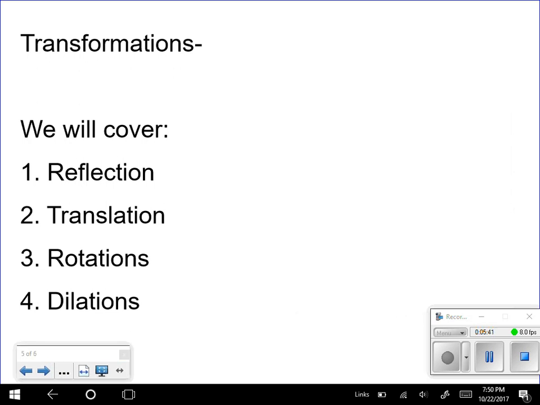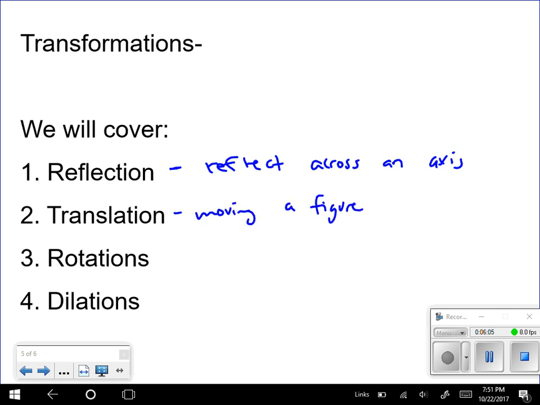As we move on with the chapter, the transformations that we're going to be talking about are reflections, translations, rotations, and dilation. So a reflection is kind of what it sounds like. It reflects across an axis. A translation is just moving a figure, whether it's up, down, side to side.